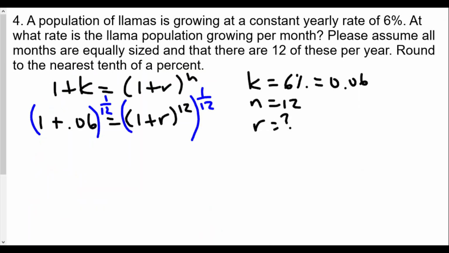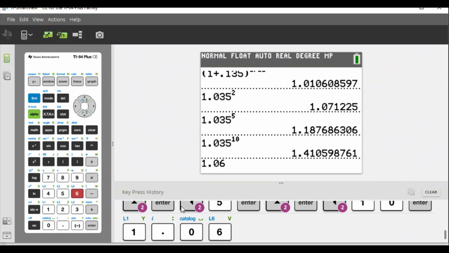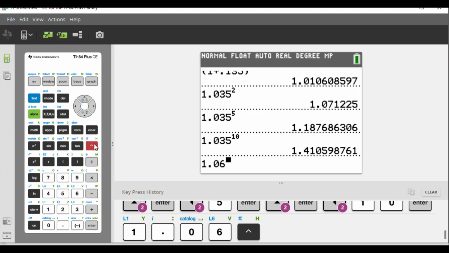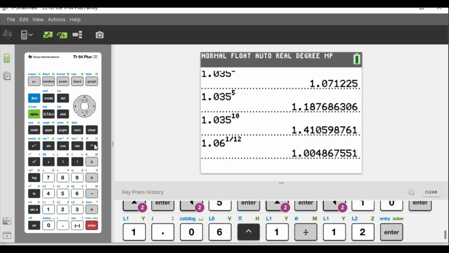Yes, it was. Sorry about that, ladies and gentlemen. And we're going to raise this to the 1/12th power, so 1 divided by 12. So we're going to get, in this case, the value of 1.0048675551. I like writing everything out, though.